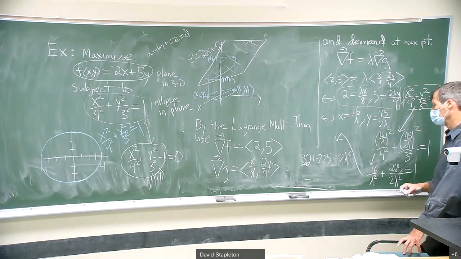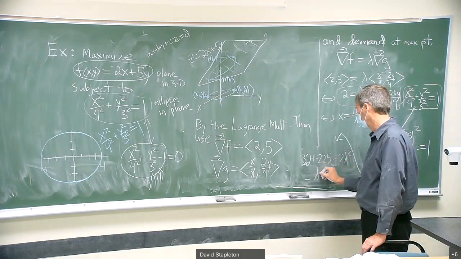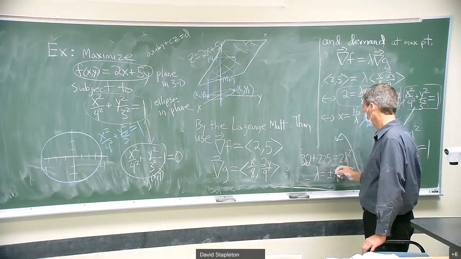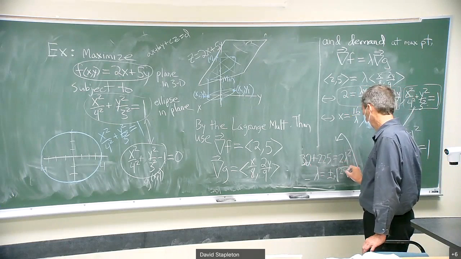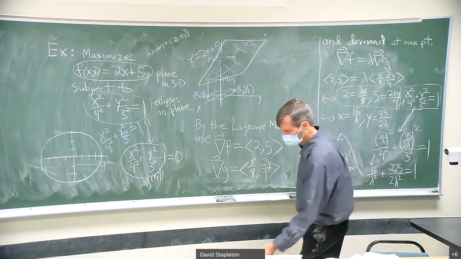And apparently 257 equals 2 lambda squared. So lambda equals plus or minus the square root of 257 over 2. I don't remember quite getting this number.